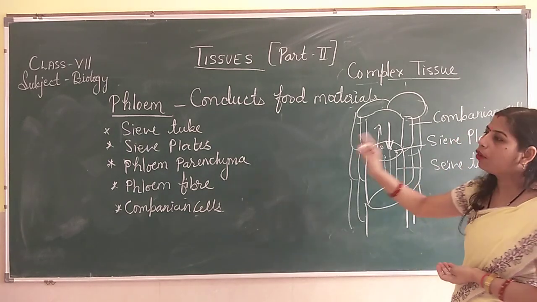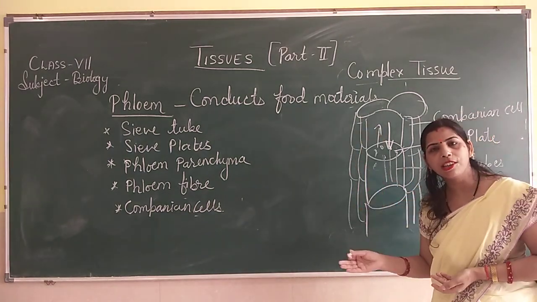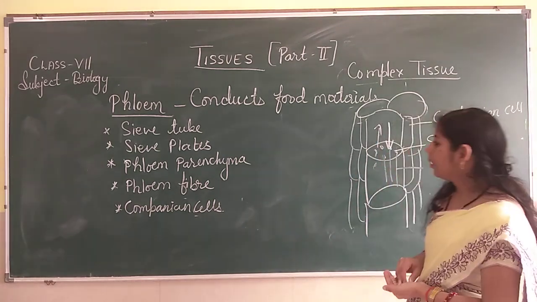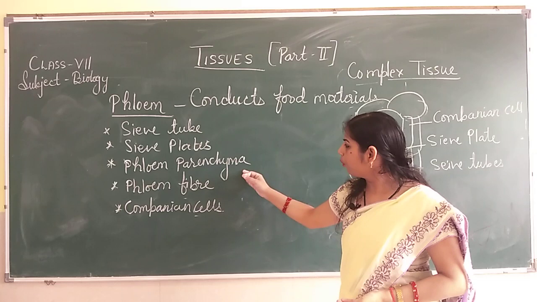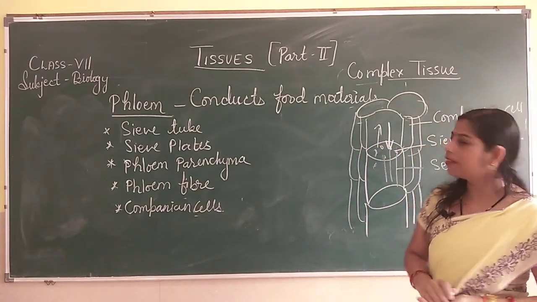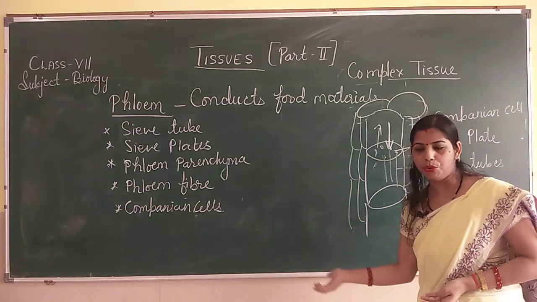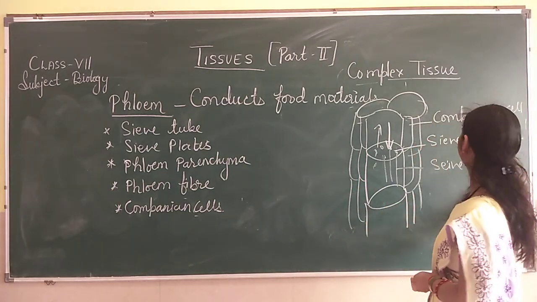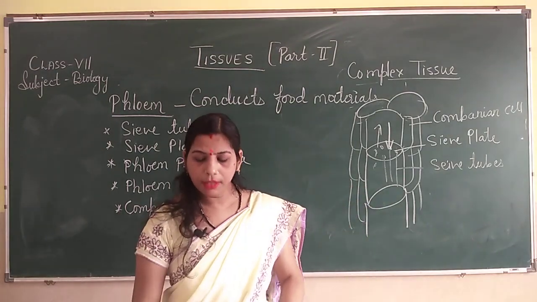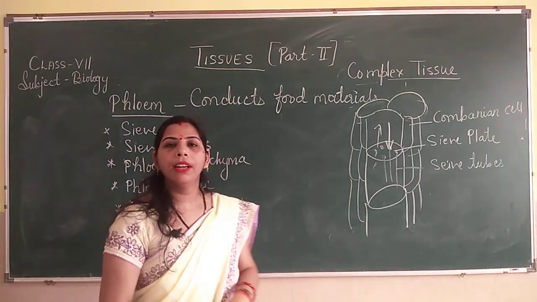That's why the movement in phloem is upward as well as downward, in both directions. The rest of the tissues, like phloem parenchyma and phloem fiber, provide mechanical support to the phloem tissue. So this is all about the plant tissue.